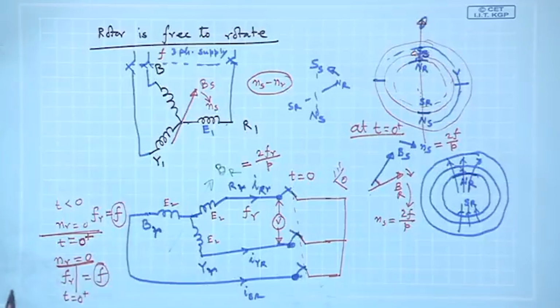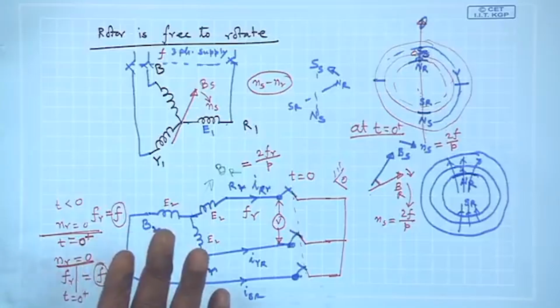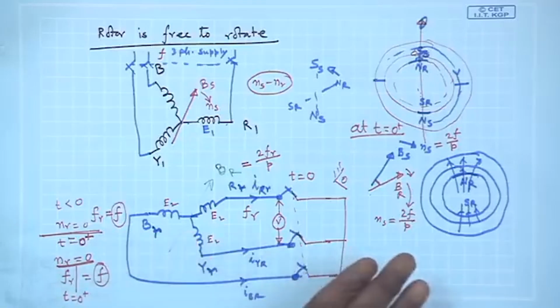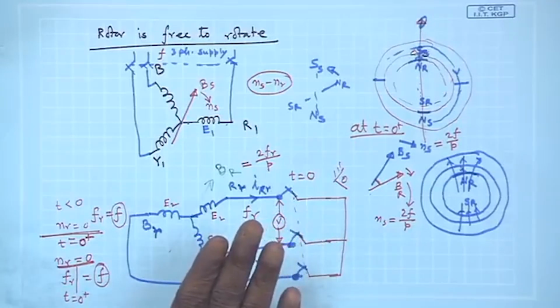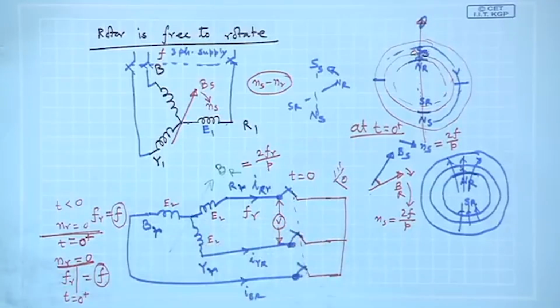At least one thing we are sure about: the stator field and rotor field, with respect to a stationary observer, both rotate with the same speed, the synchronous speed, at t equal to 0 plus.